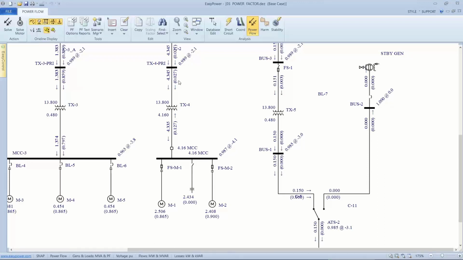But it brings down my reactive power flow through this feeder substantially. And you might ask, well, where does that current go? Where does that reactive current go? Now it circulates or recirculates between the capacitor and the motors at the rate of 2.43 megavar.